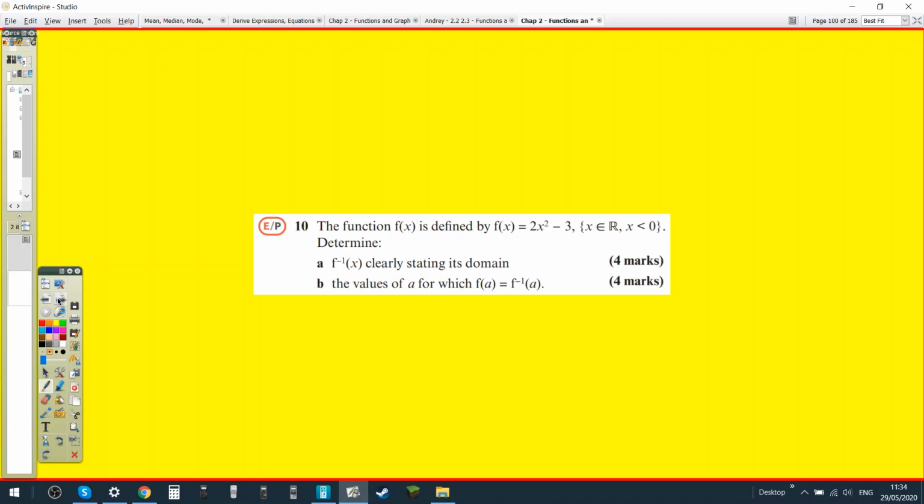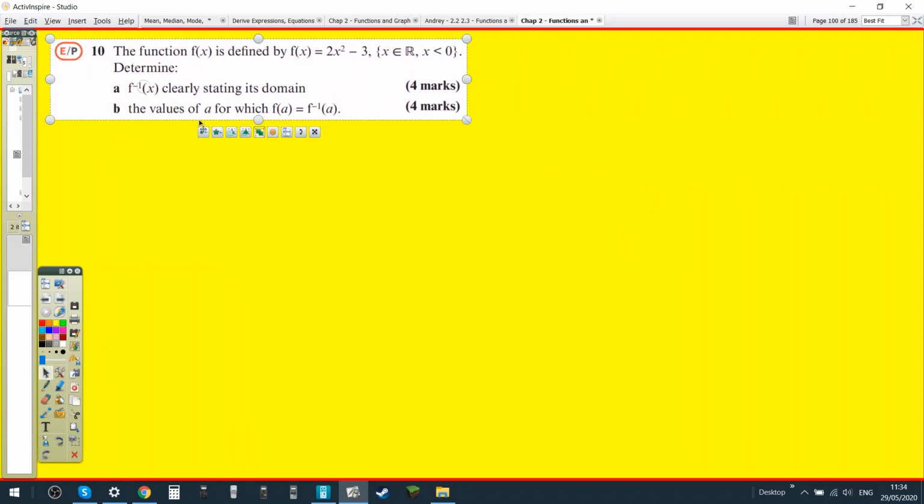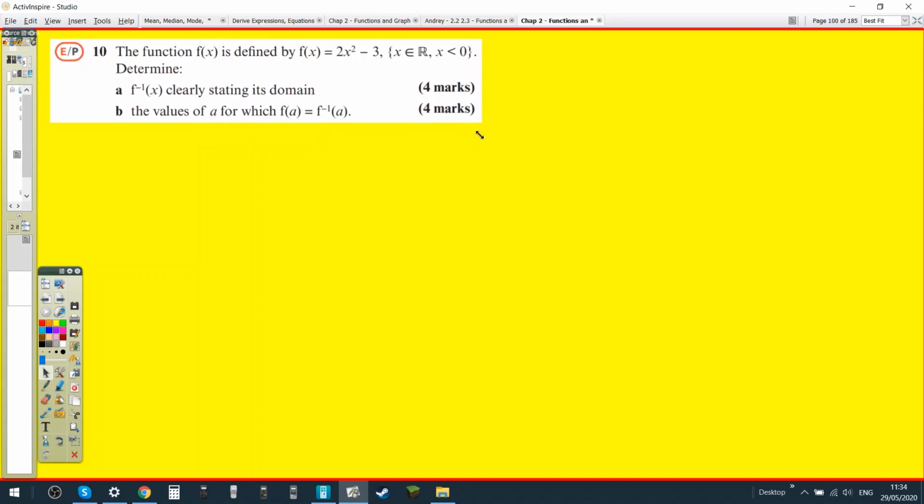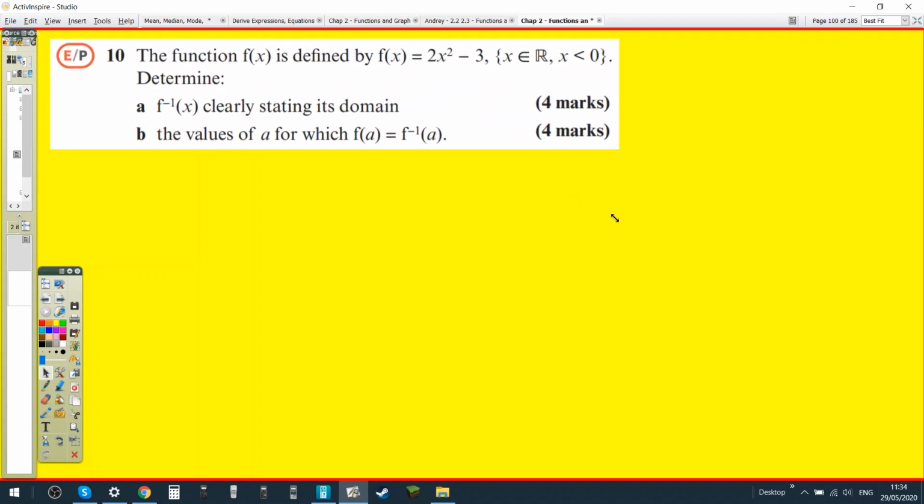Let's clearly state its domain, the values of a for which. Oh, this is kind of weird. Stating its domain. Okay, let's try this one.